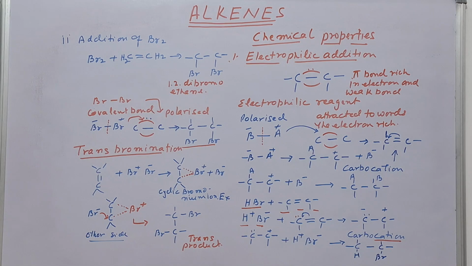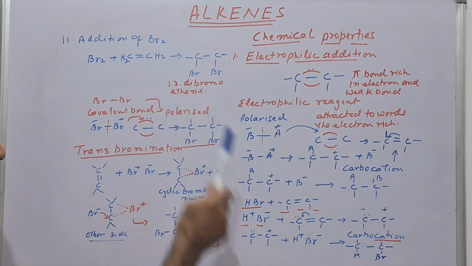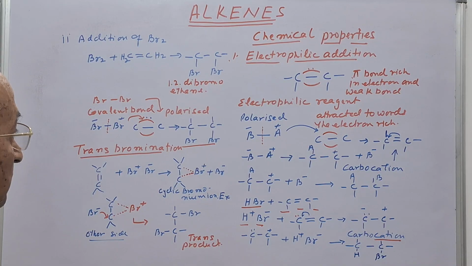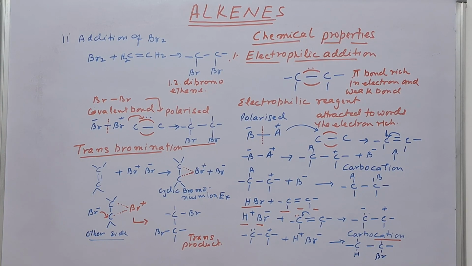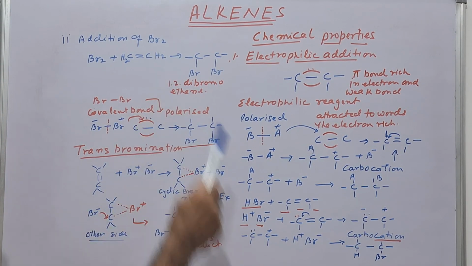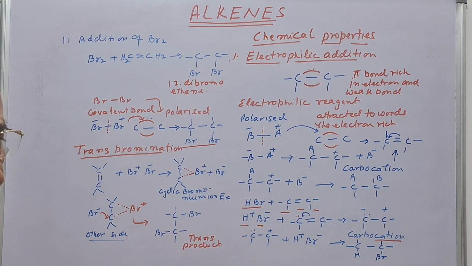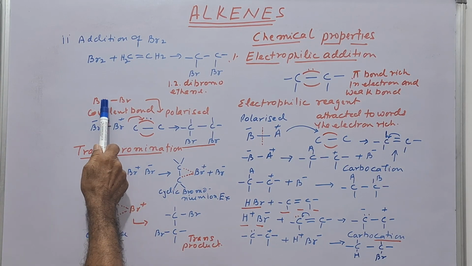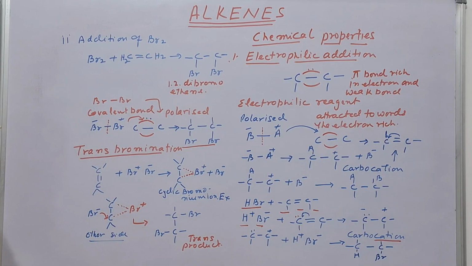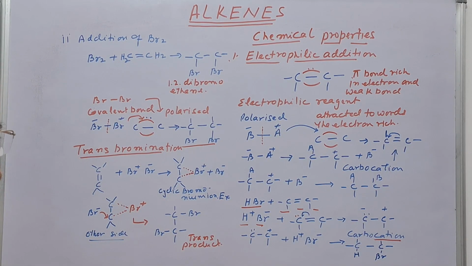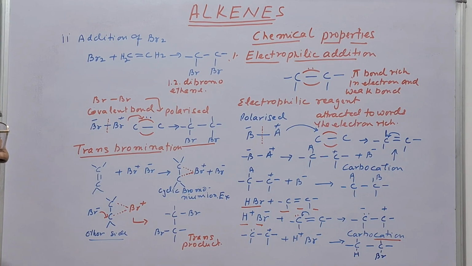Now the second example, if we take the addition of bromine or chlorine. You know, this bromine molecule is covalent in nature, and the bond between the bromine atoms is a covalent bond, and the electrons are at equal distance from both the atoms.